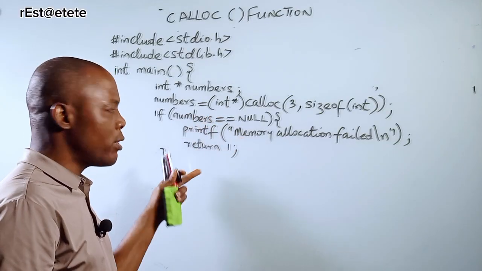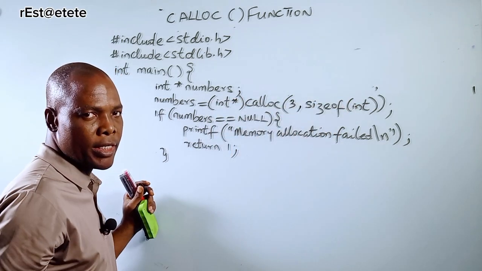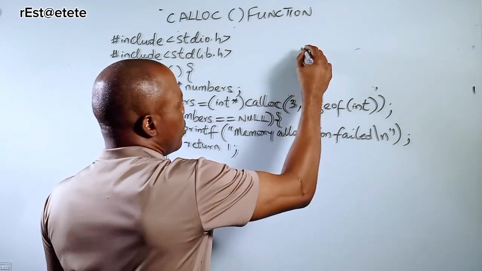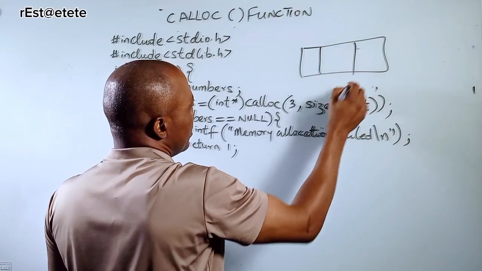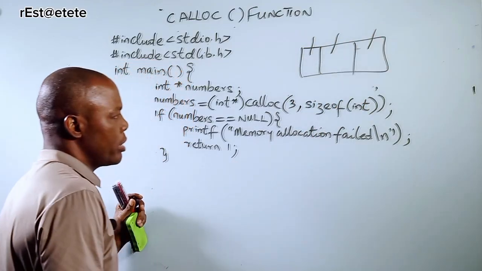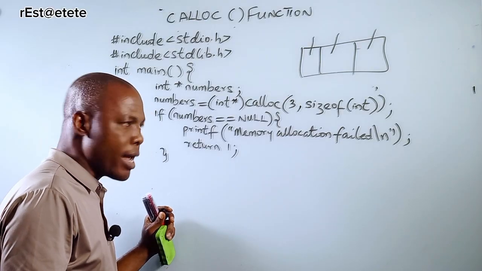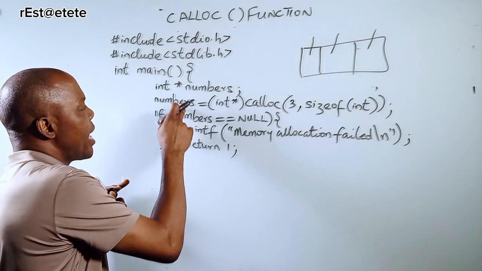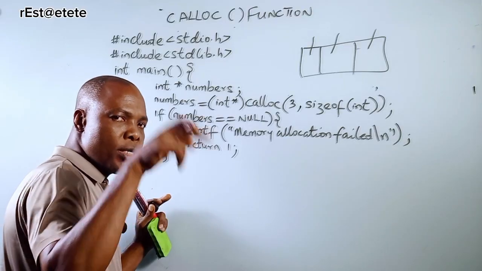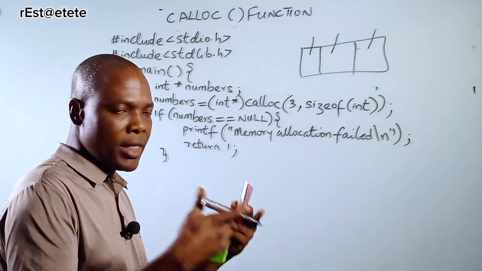Now I want to assign values. I want to allocate values to each of the elements, because this line has created a contiguous block, right? So this is for the first element, second element, and then the third element in the heap memory. So this pointer is in the stack pointing to that memory, because your activities will take place in the stack.